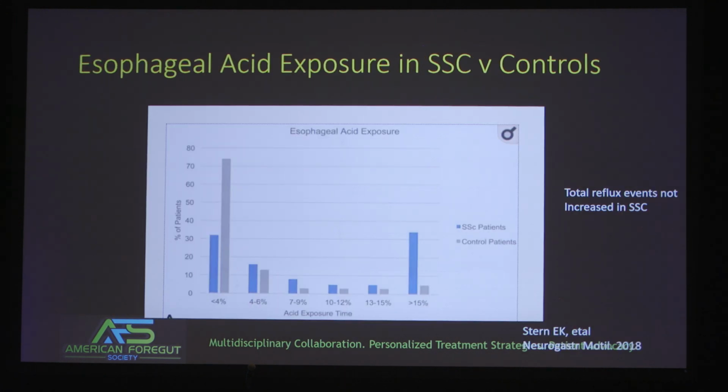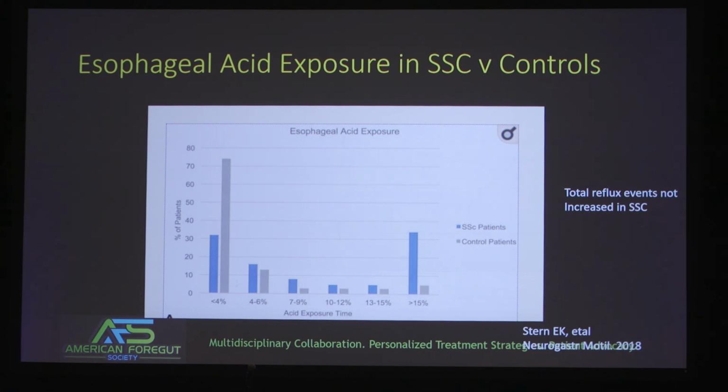Now, this interesting study from the Chicago group looked at esophageal acid exposure in scleroderma patients who had continued symptoms despite being on high-dose PPI and compared them to a matched group of controls. In this slide, the percentage of patients is on the y-axis.